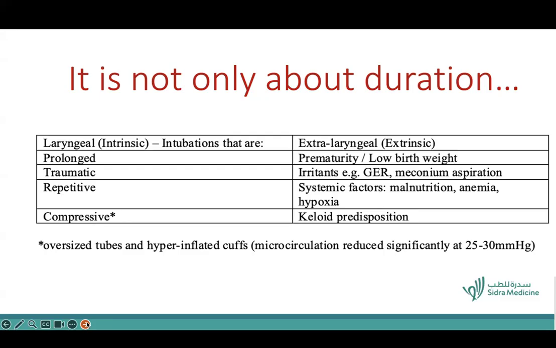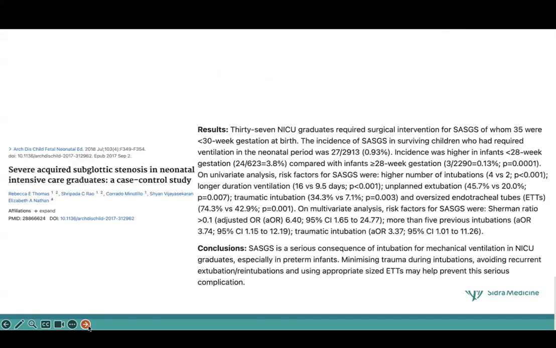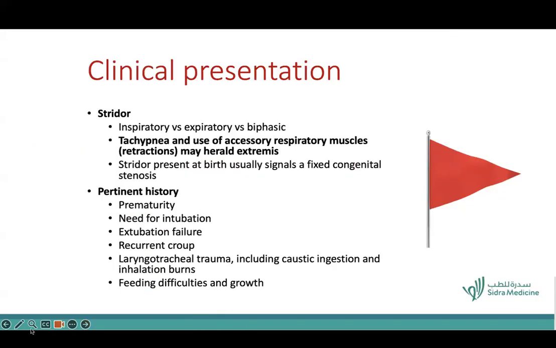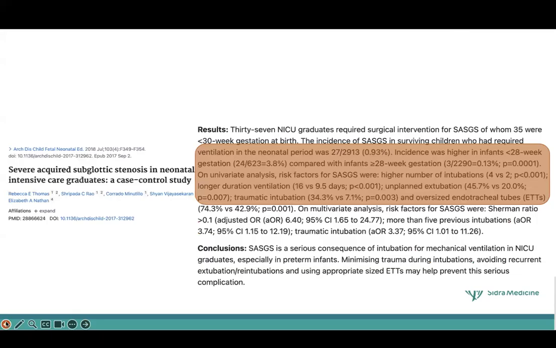Kids that are premature, that already have irritations like reflux or meconium aspiration, or are malnourished, or have anemia, may also be further predisposed to getting a subglottic stenosis. Okay, this slide was now looking at NICU graduates, essentially comparing kids that were born less than 28 weeks of gestation versus over 28 weeks.